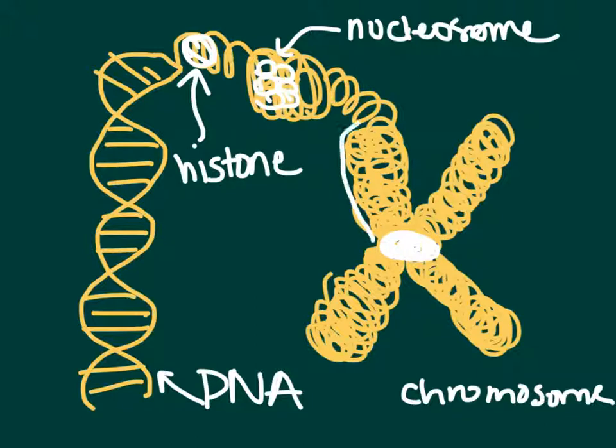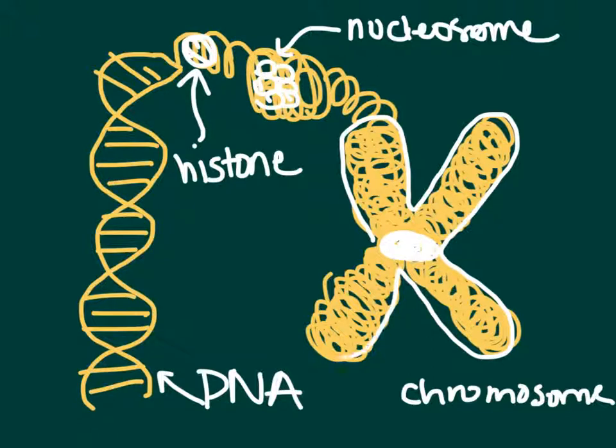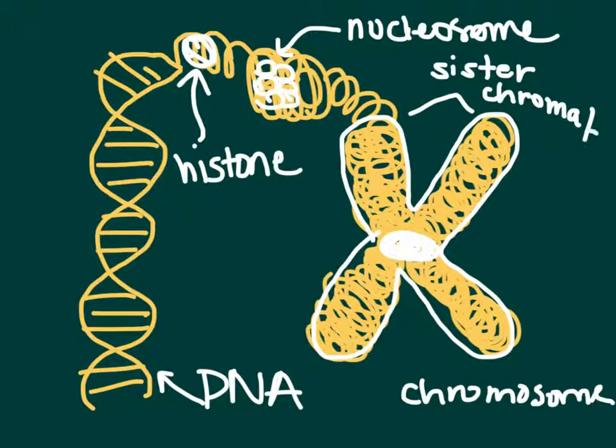So you end up with something in your chromosomes that looks like a giant X. Each leg of that giant X is called a sister chromatid.